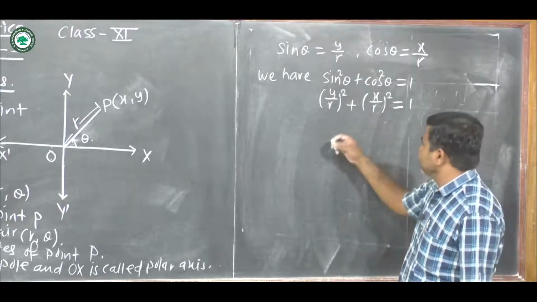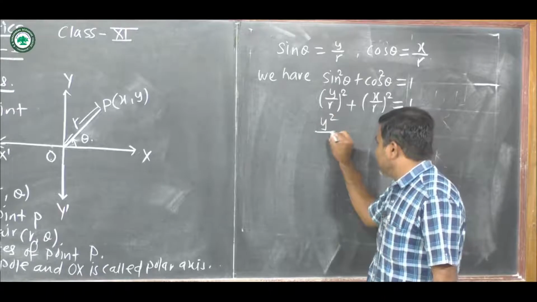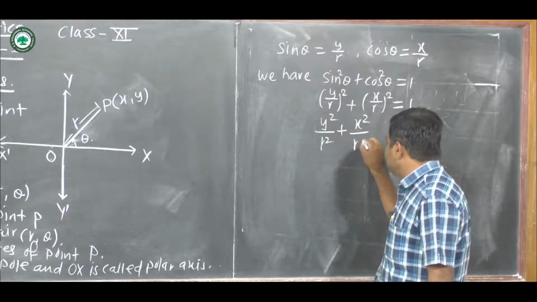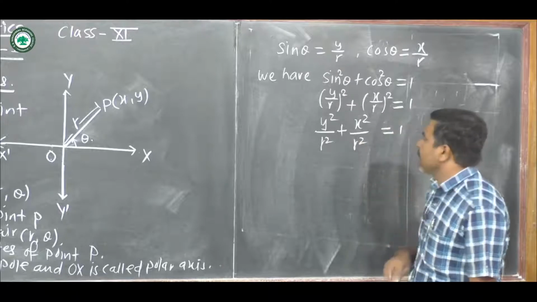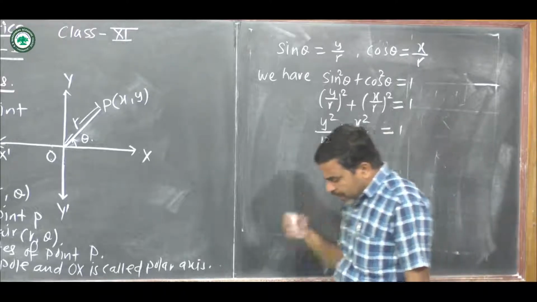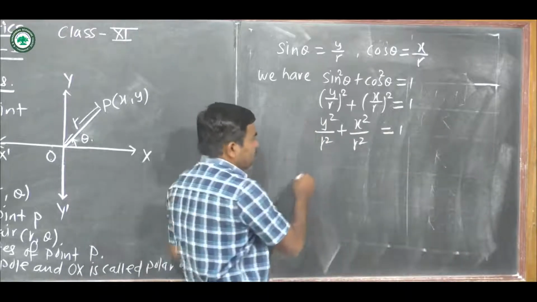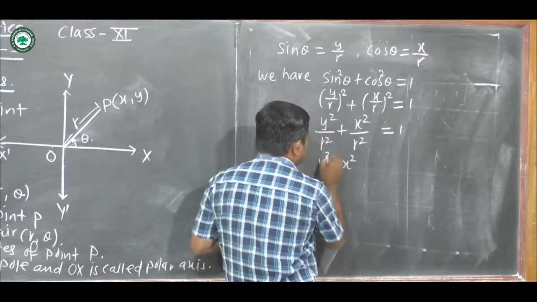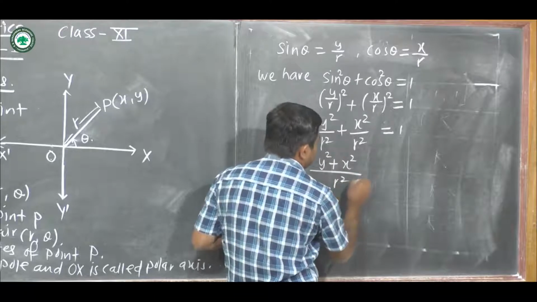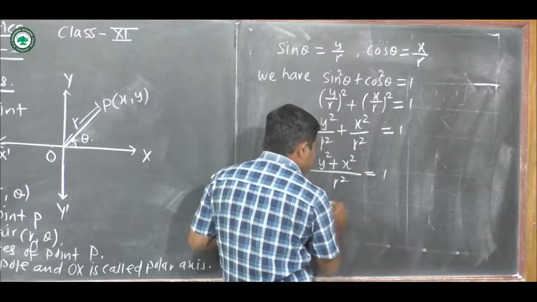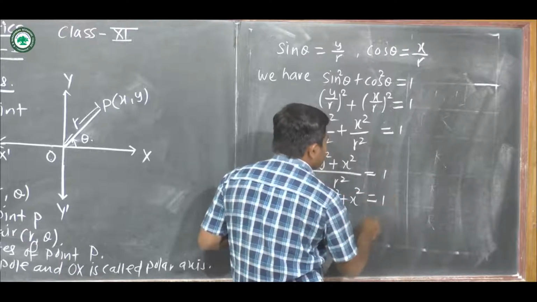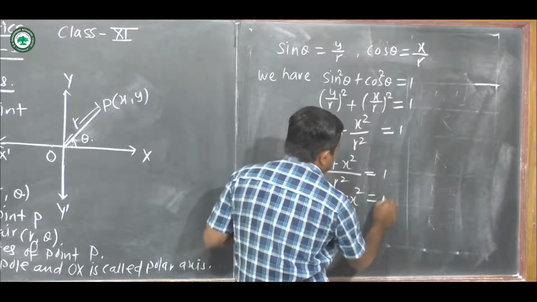Now squaring, it is y square divided by r square plus x square divided by r square is equal to 1. Now the denominator is the same on the left hand side, so it is (y square plus x square) divided by r square is equal to 1. It means that y square plus x square is equal to r square.